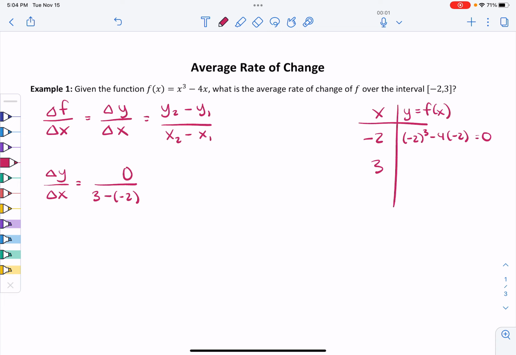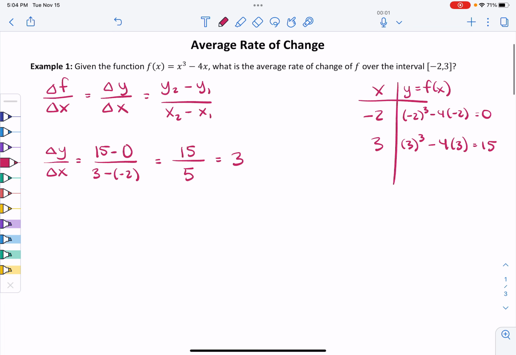Now, when x is equal to 3, we have 3 cubed minus 4 times 3, which is going to equal 15. So this means we have 15 minus 0. So our change in y is 15, and our change in x is 5, meaning that our average rate of change is 3.